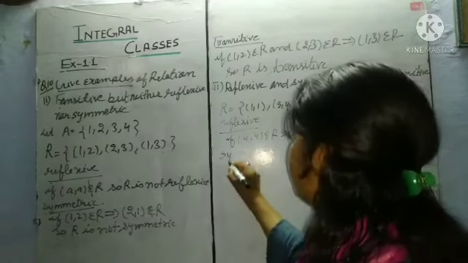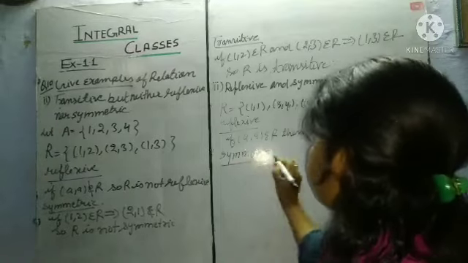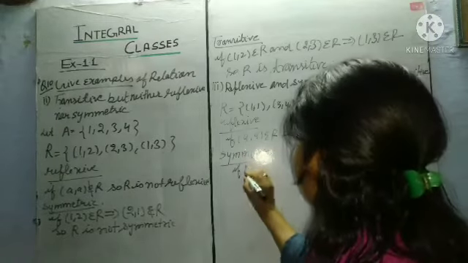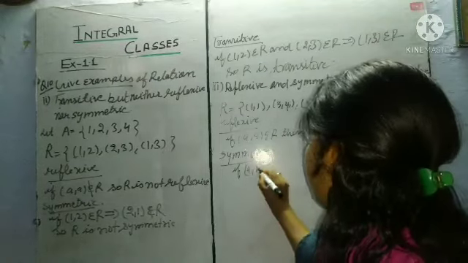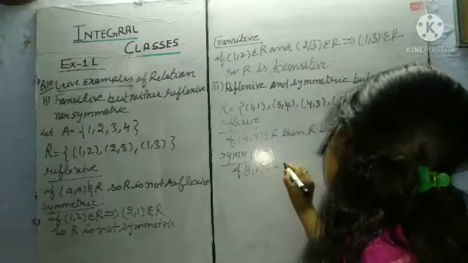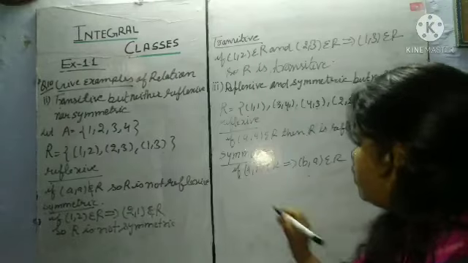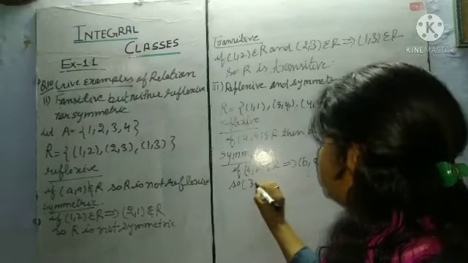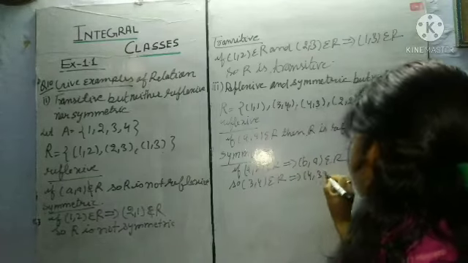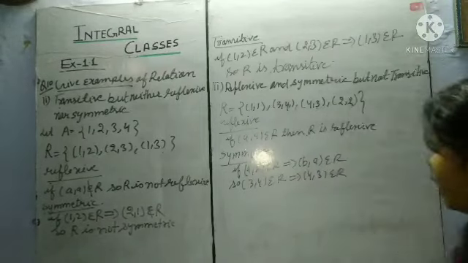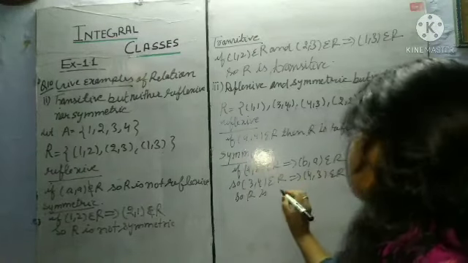Now for symmetric. For symmetry, if a, b, or 3, 4 as we consider, belongs to R, then b, a also belongs to R. So 3, 4 belongs to R and 4, 3 belongs to R. So R is symmetric.